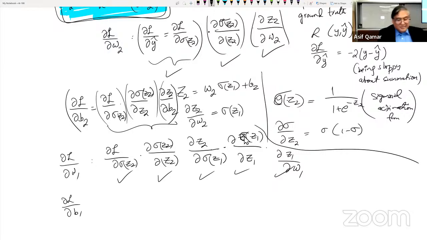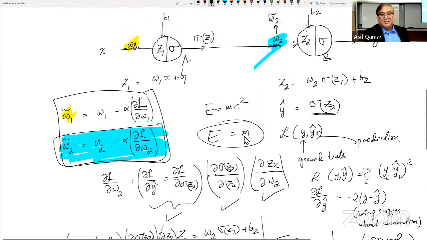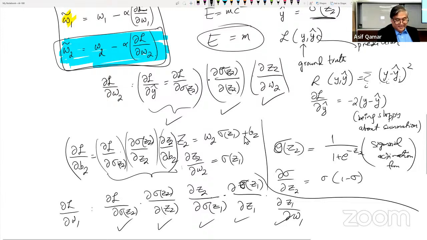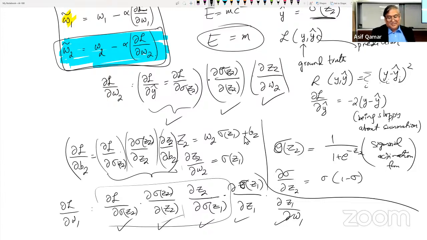So think about it. What is happening? You compute this gradient. Once you are able to compute the gradient with respect to this, that you need, because that is what you need to compute the further gradients. So first you have to compute the gradient.